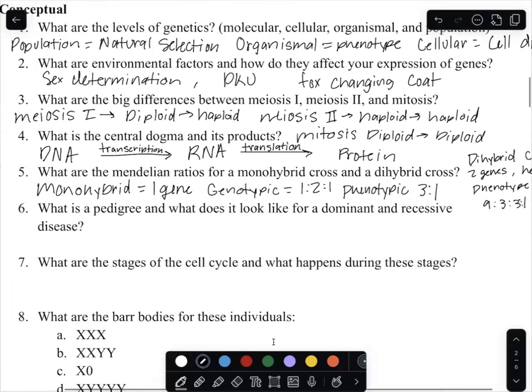Okay. What is a pedigree and what does it look like for a dominant and recessive gene disease? Sorry. So for a dominant disease, there are no carriers and it's in every generation.